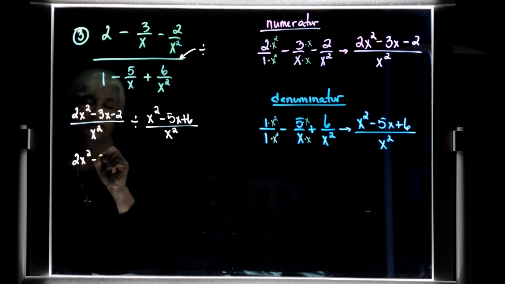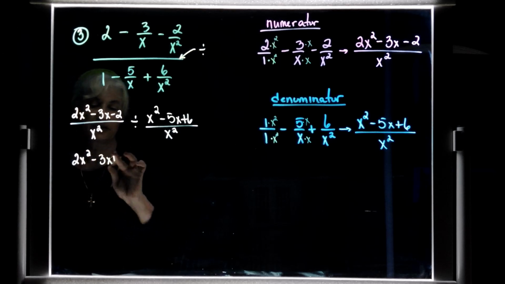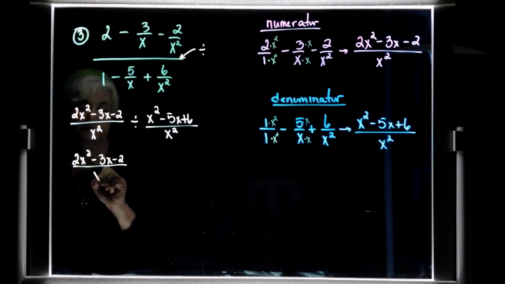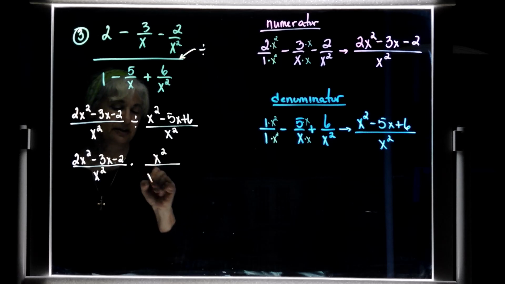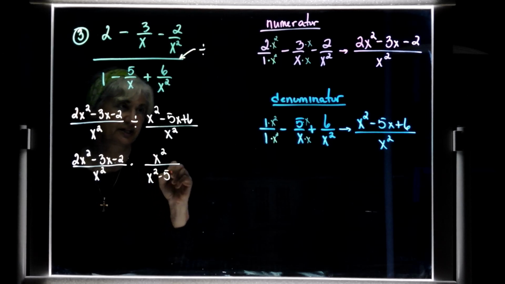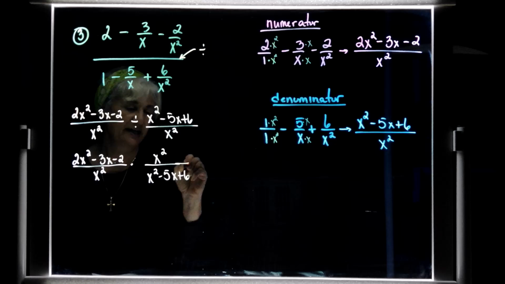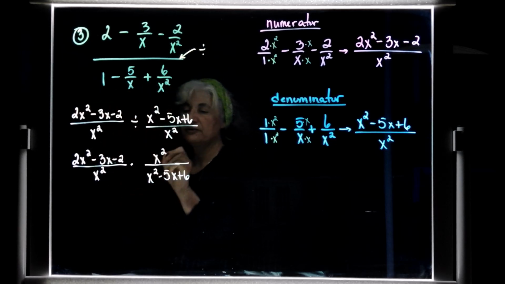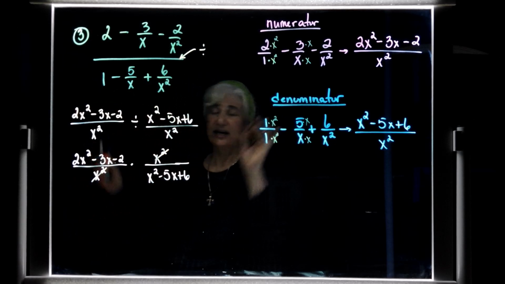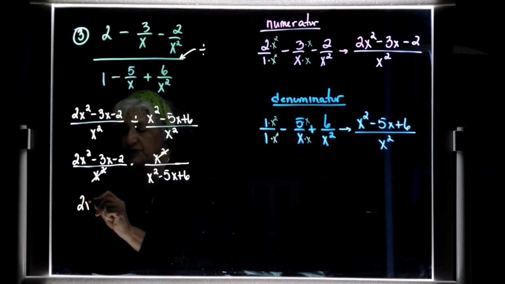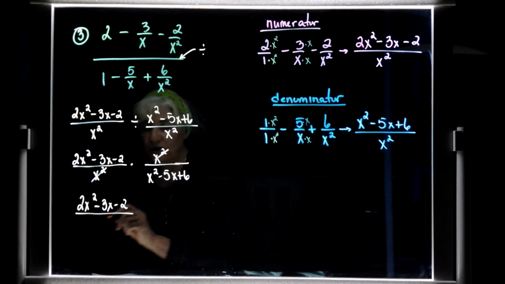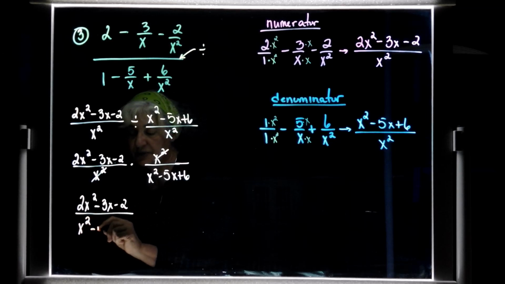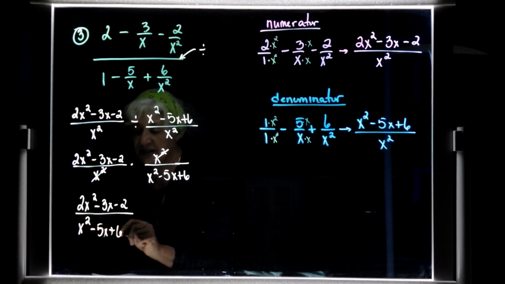And yes, we all know by now, fraction number 2 is the one that reciprocates. And so looky there. Can you tell what's going to happen right away? Yeah, these x squareds drop out, don't they? Yay! So I have 2x squared minus 3x minus 2 all over x squared minus 5x plus 6.